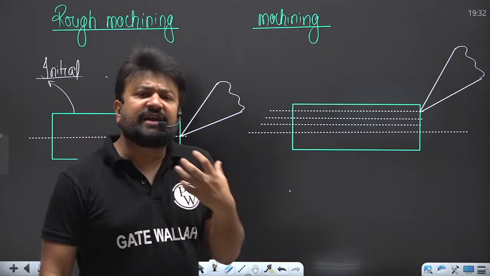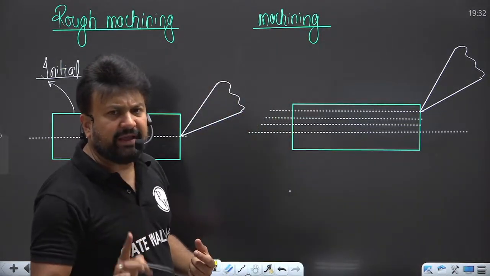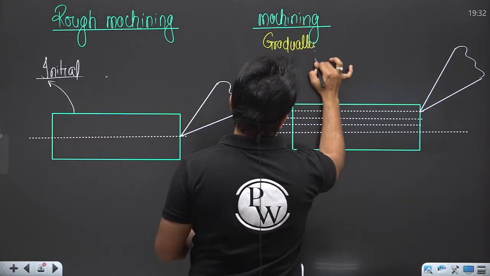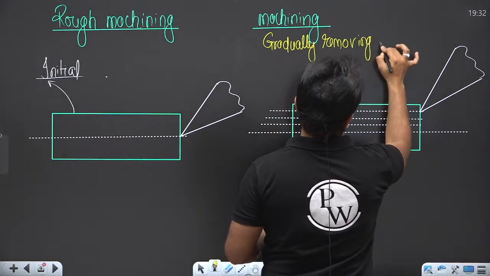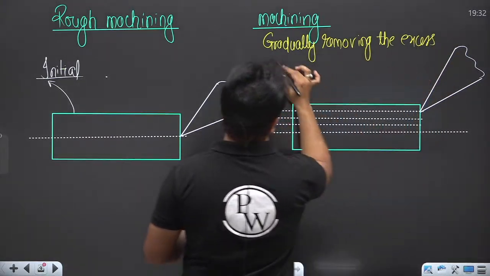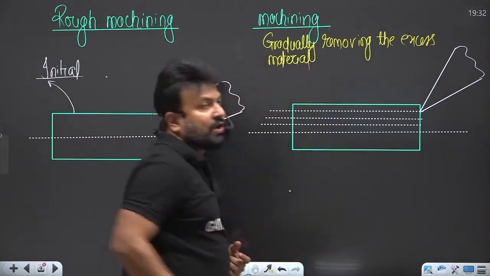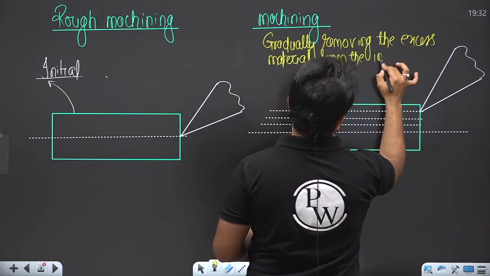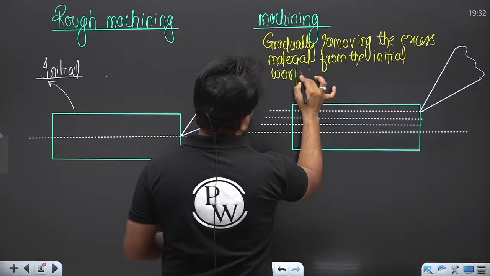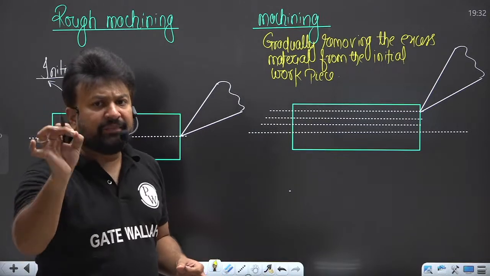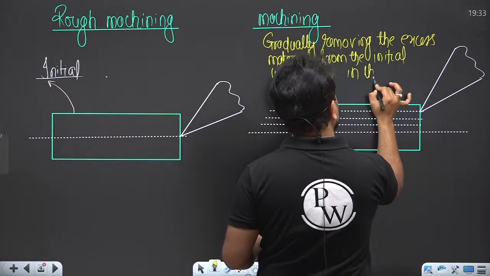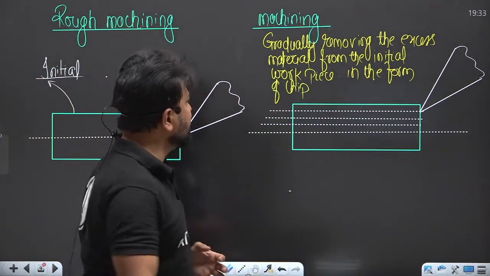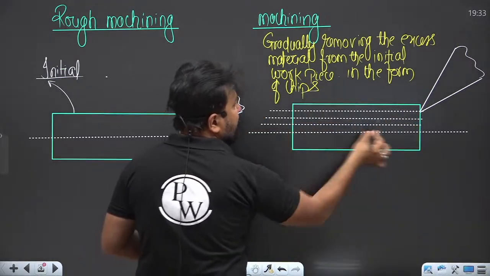In machining, we are gradually removing the excess material from the initial workpiece in the form of chips. Are you getting my point? First I remove this layer, then this layer, then this layer, and this layer.